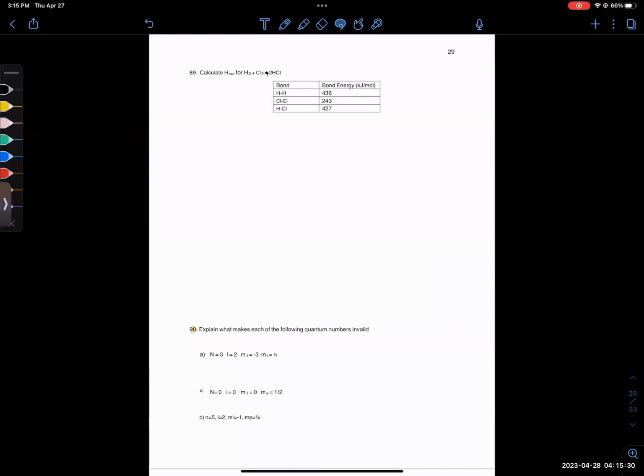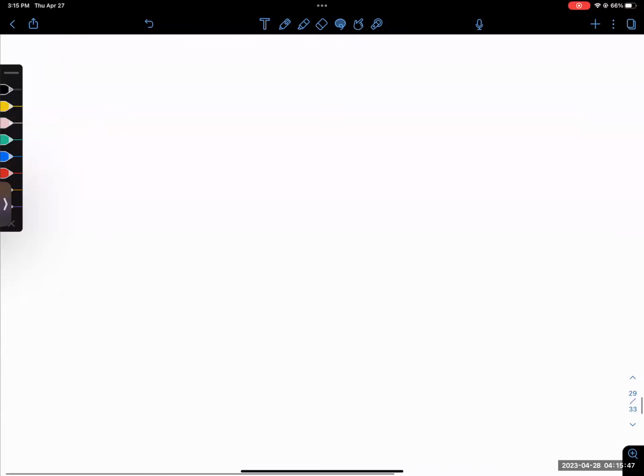Which atomic orbitals are involved in bonding, and which as lone pair orbitals for N2H2. Okay, so N2H2 looks like this. I think there should be a double bond in between, right?